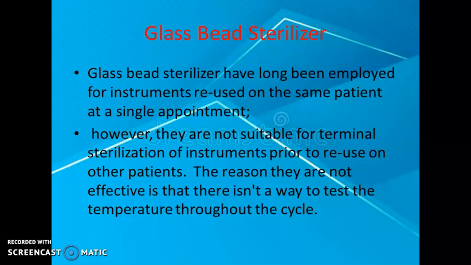This glass bead sterilizer has long been employed for instruments reused on the same patient at a single appointment. However, it is not suitable for terminal sterilization of instruments prior to reuse on other patients. The reason it is not effective is that there isn't a way to test the temperature throughout the cycle.